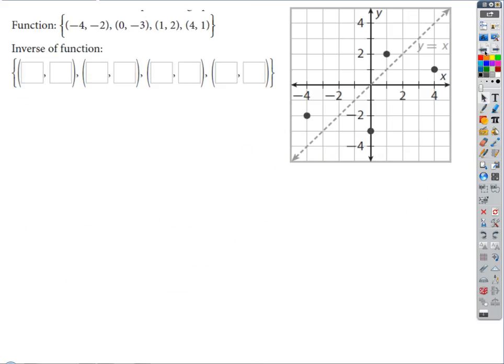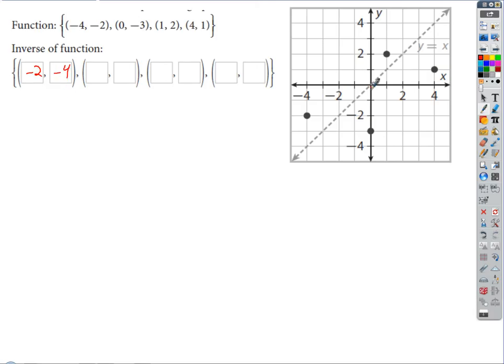Okay, let's go back to here for a second. Let's look at some graphical stuff. So if we're given some function and it's even graphed, we don't even have to go through the hassle. Well, I guess we will real quick. Tell me what the coordinates are of the ordered pairs that form the inverse of this function. What's first? Okay, so we're going to get negative 2, negative 4.